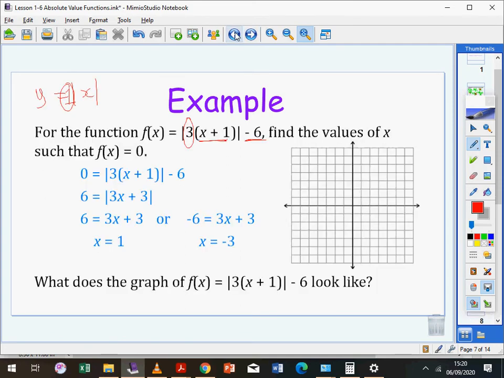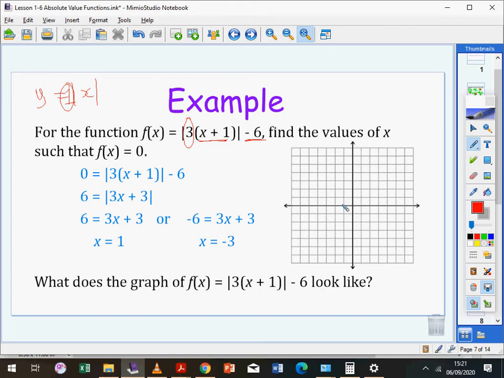Okay, so let's try to graph it. It's supposed to be here initially, but it's moved 1 unit to the left. So here, the slope is 3 instead of 1. We already have the factor, so we don't need to solve for it. You can think of it as a vertical stretch or a horizontal compression.